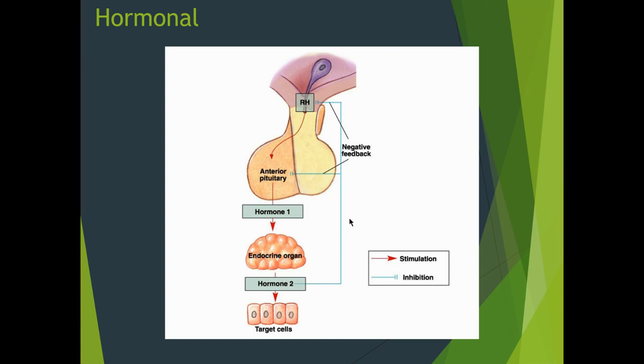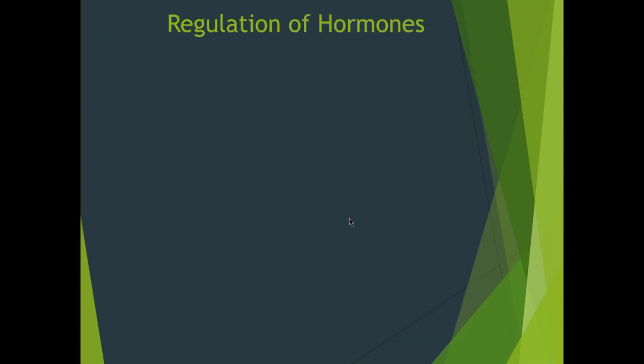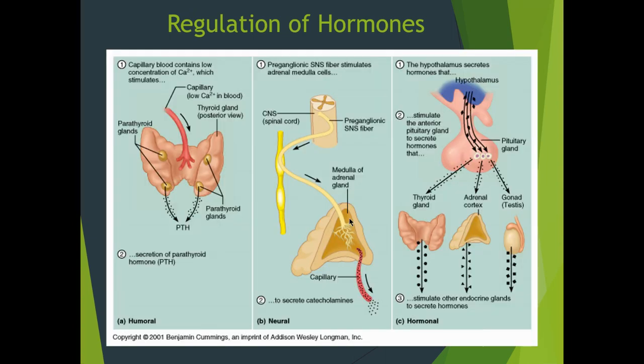That goes to the endocrine organ, which then releases its hormone, which is hormone 2. So who's in control of that endocrine organ? Who tells it to secrete? Who tells it to secrete is a hormone. So it's hormonally regulated. So 3 different ways in which endocrine glands are regulated.